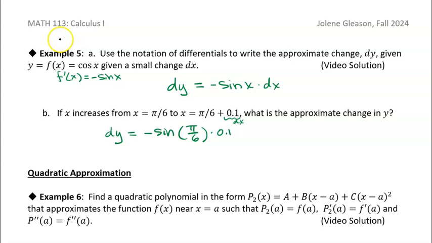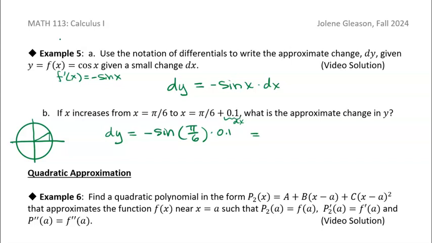All right, so what is sine of pi over 6? Let's just evaluate this. If you think about the unit circle, this is where you have to know your unit circle. Pi over 6 is essentially 30 degrees, and sine is the y-coordinate. So I always just draw the triangle out.